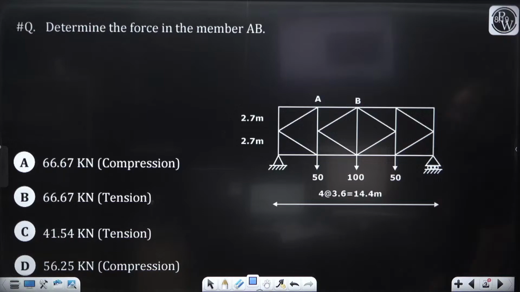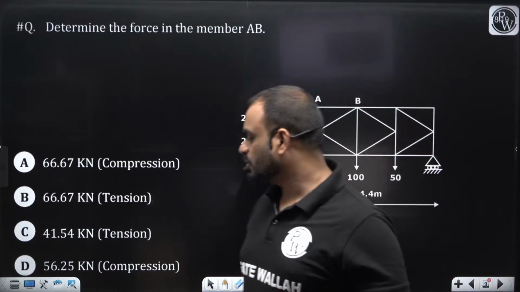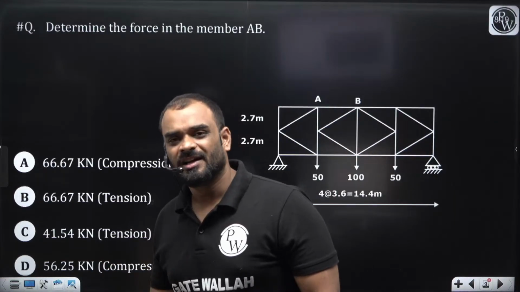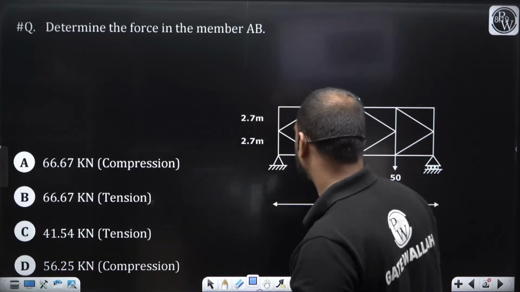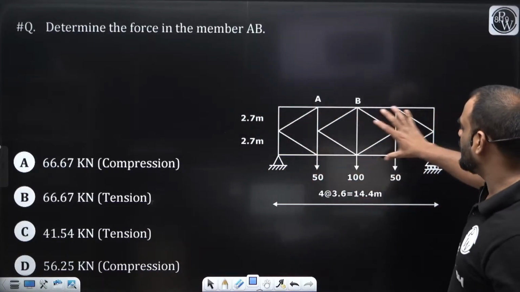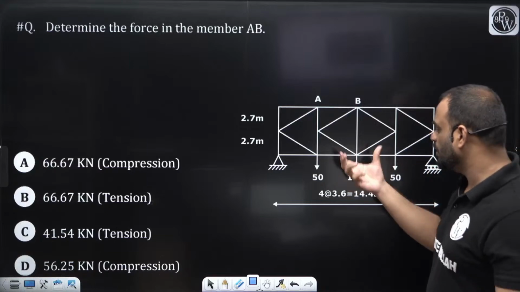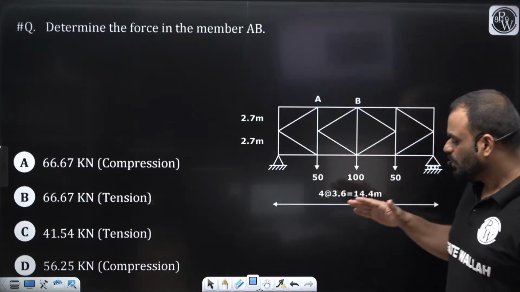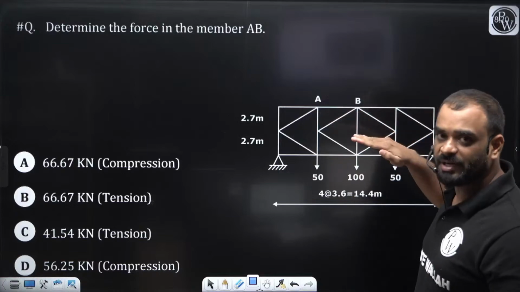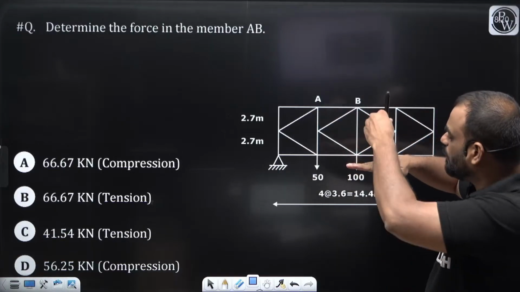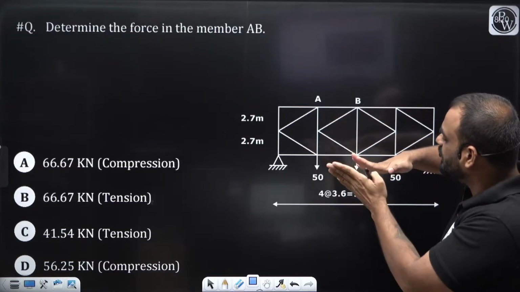Let me give you a very simple hint also, so that you can eliminate at least 2 options directly without solving it. Okay, let me explain. So guys, right now you are able to see this particular truss and the load is applied in the downward direction. So what type of behavior will occur? We need to find out the force in member AB. If you apply the load, the bending of the truss will be like this.